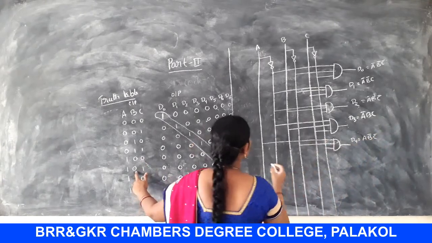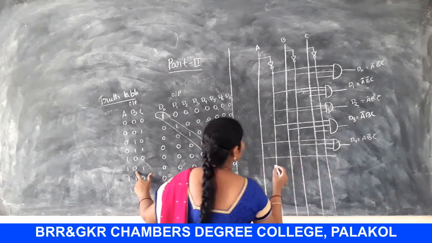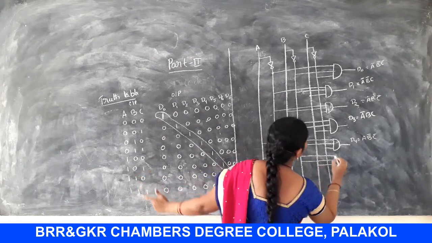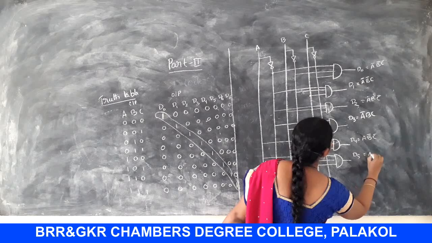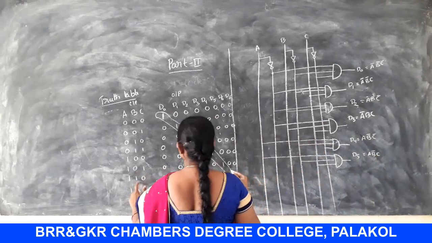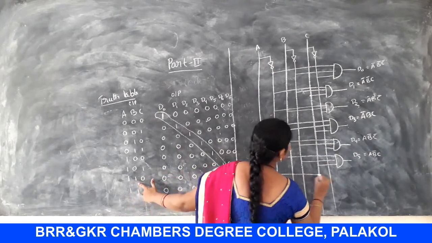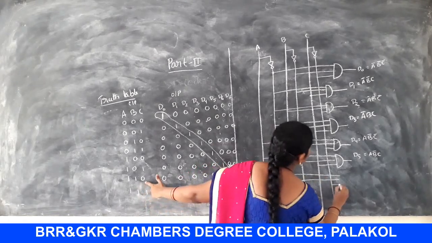So next one is D5. So D5 is A is 1 and B is 0 and C is 1. So that is equal to A, B bar, C. So the next one is the sixth one. The sixth one is A is 1 and B is also 1 and C is 0.